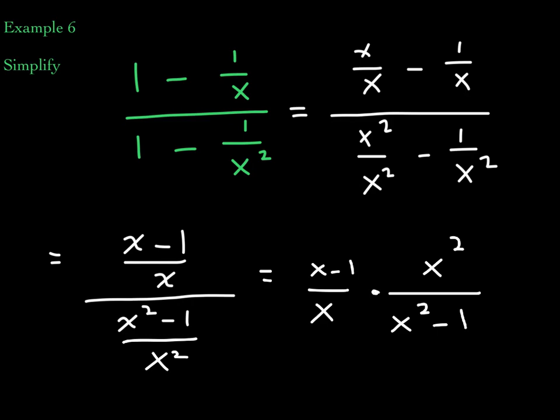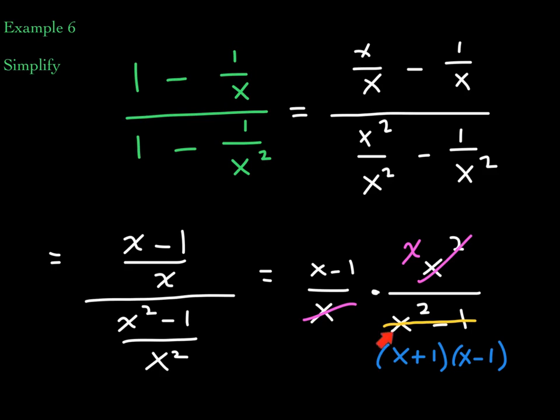So x divides into x squared, leaving you with just x left over. And then let's not forget that x squared minus 1 can be rewritten as x plus 1 times x minus 1, right, everybody? This is the factorization for x squared minus 1.